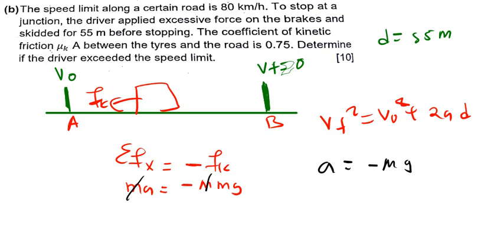So a will be equal to the mu value that has been given, 0.75, times 9.8. Those having calculators, what will be our acceleration? Isn't it 0.3?